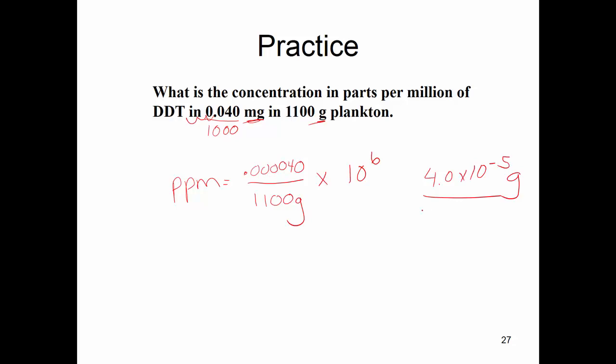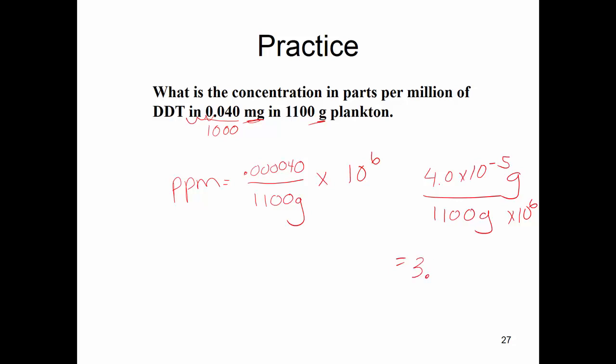Check that real quick. Okay, and then we can't forget that when you divide these two, you're going to get 3.63 times 10 to the negative 8. But instead of multiplying times 100, because then you would still end up with a really small number, we multiply times a million.